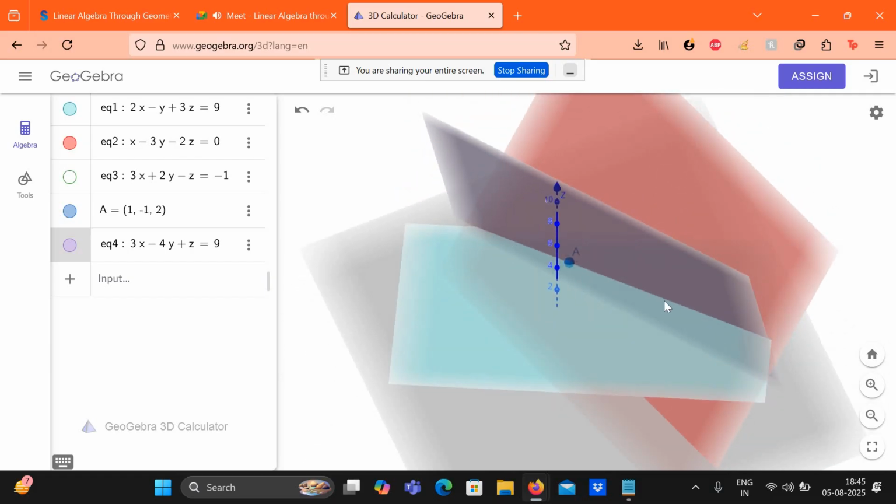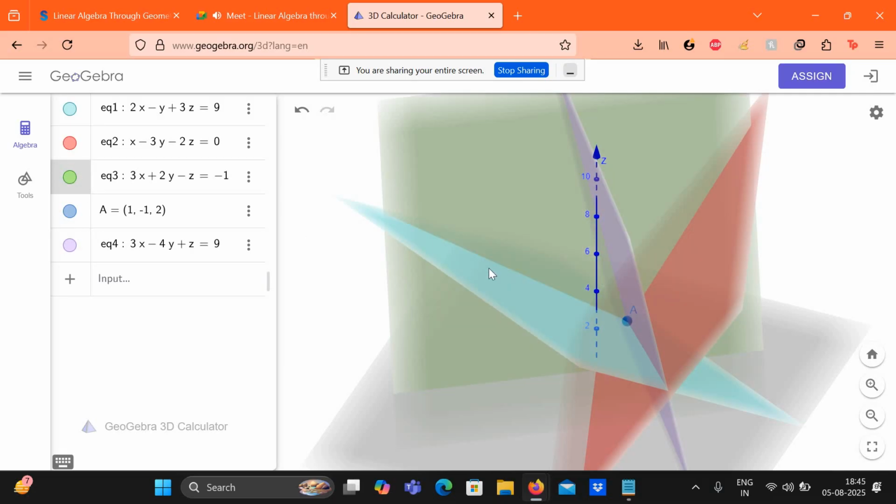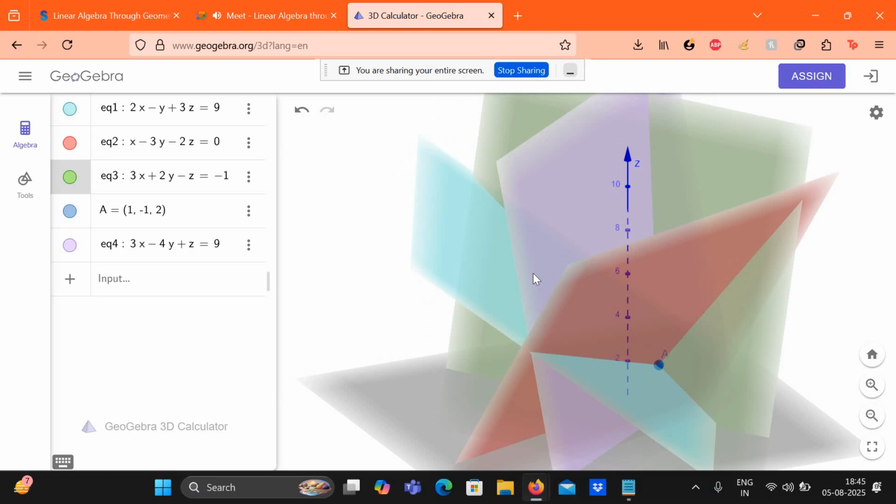In other terms, it is still rotating about the intersection. So this is an important observation: when you add, subtract, multiply equations and so on, the point of intersection is always respected by even the new plane. And this is actually the heart of Gaussian elimination.